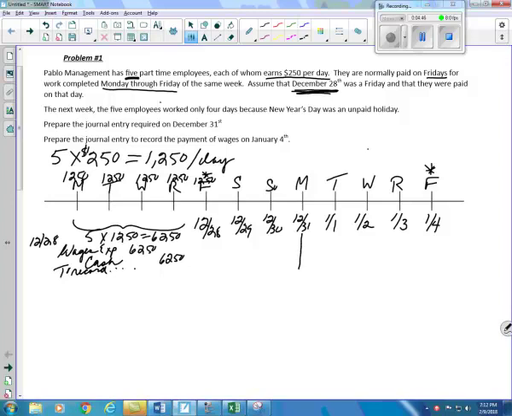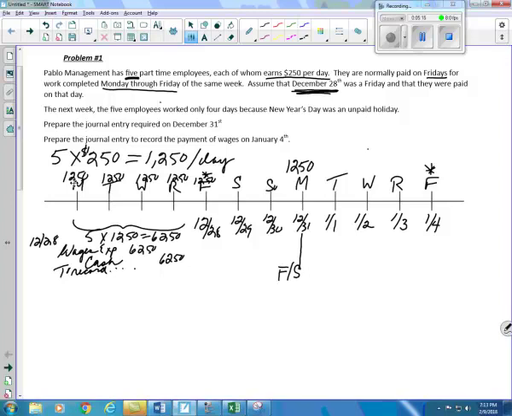Now, 12/31 is an interesting date because on this date, we are going to need to issue a financial statement, and one of those financial statements will be our income statement. On that day, our employees worked, and so they are due a total of $1,250 for that day.